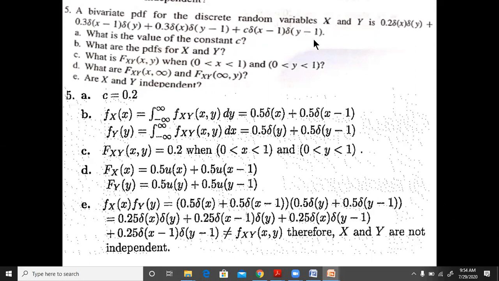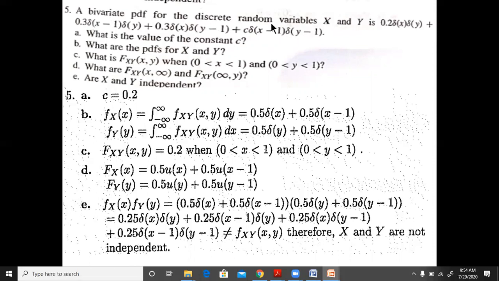Again, the total probability value will be equal to 1. That is 0.2 plus 0.3 plus 0.3 plus c is equal to 1. If you take the double integral of the sum of these, the double integral of each delta term is equal to 1.